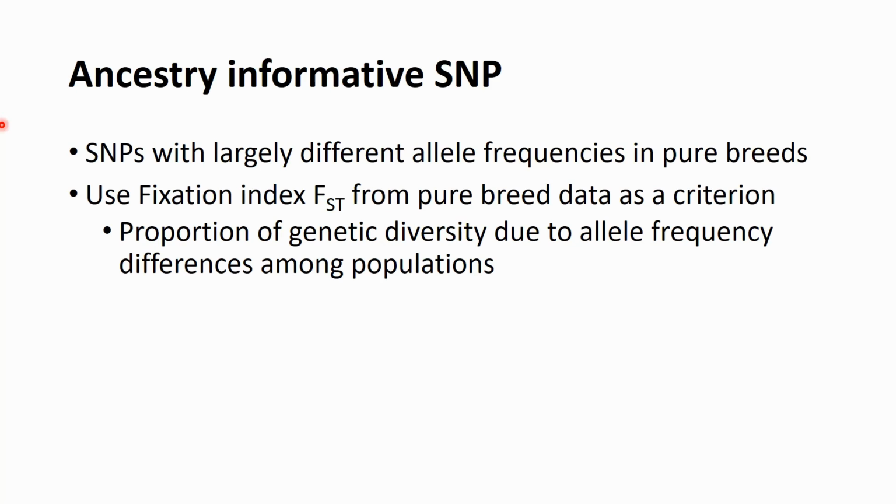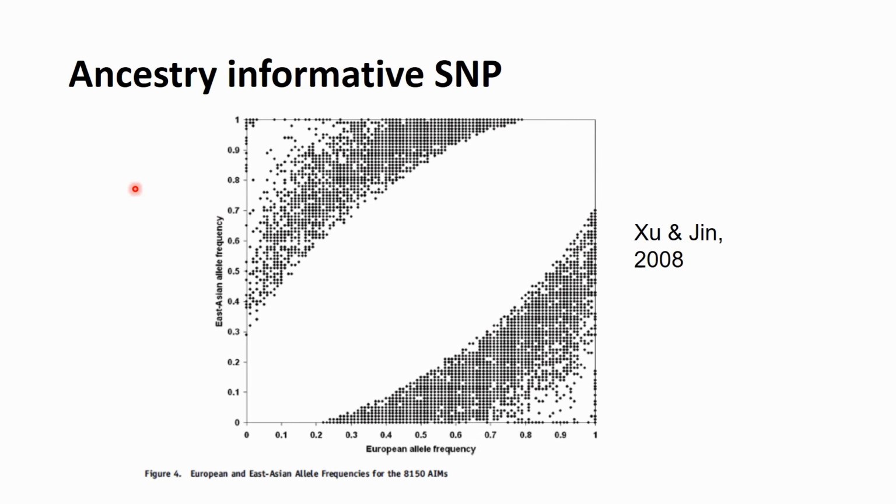Because these SNPs, the ancestry informative SNPs, have the value that they are able to identify the populations based on their genotypes. So here is an example of such ancestry informative SNPs, or at least how they work, in this case from human populations.